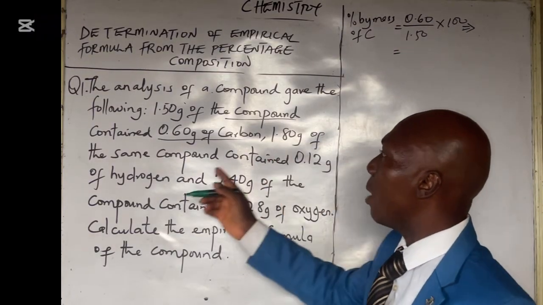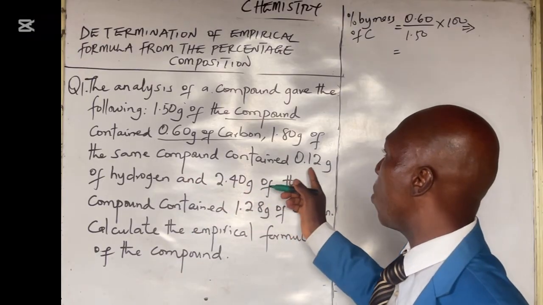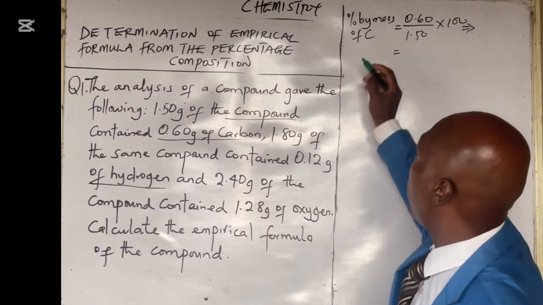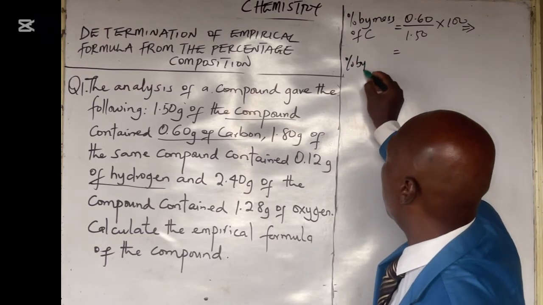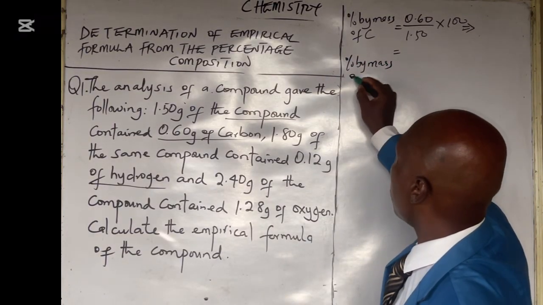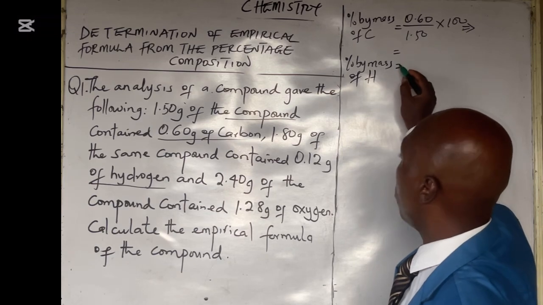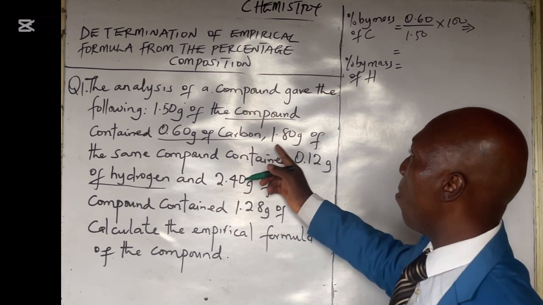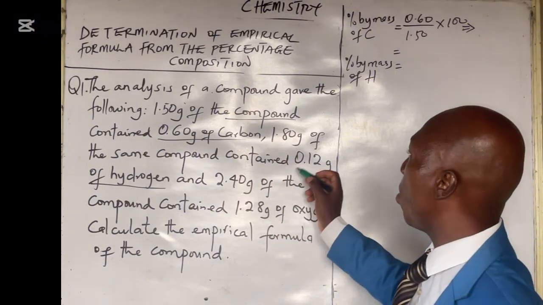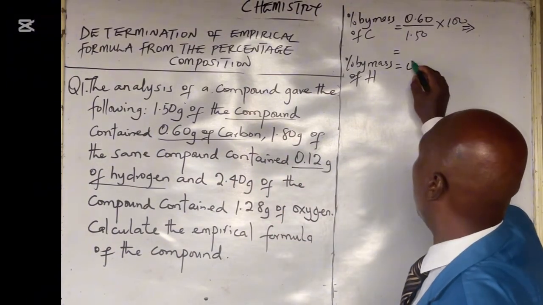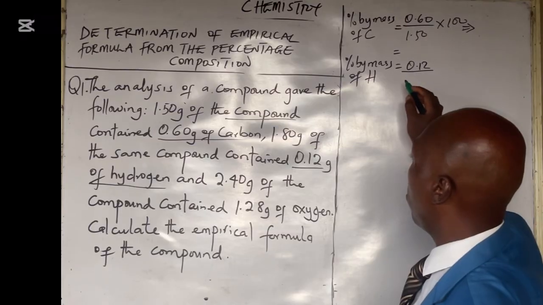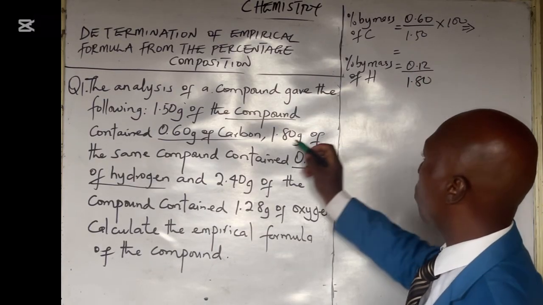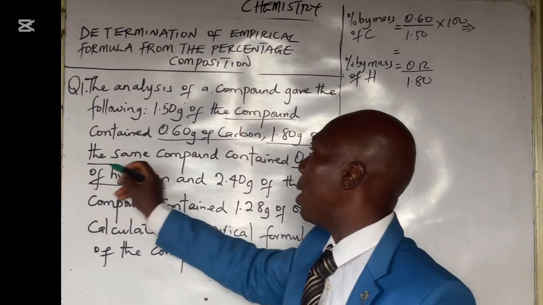Because 1.80 gram of the same compound contains 0.12 gram of hydrogen, we have the percentage by mass of hydrogen: 0.12 gram over 1.80 gram of the compound.